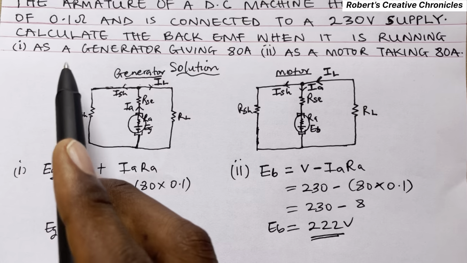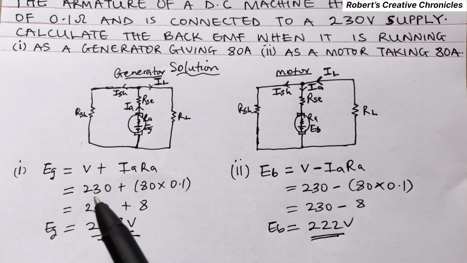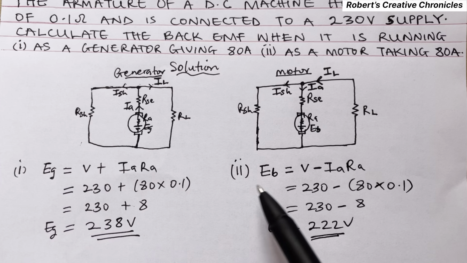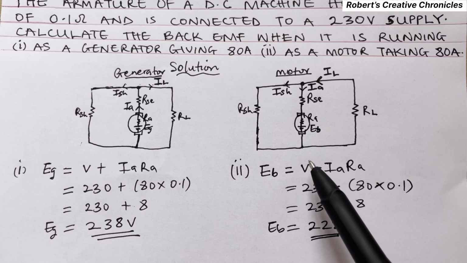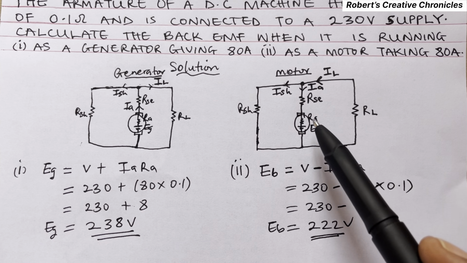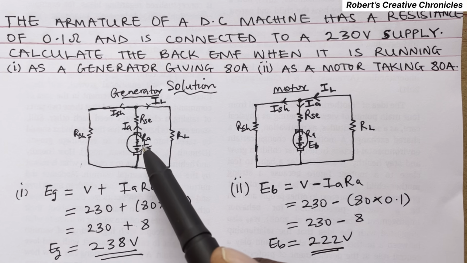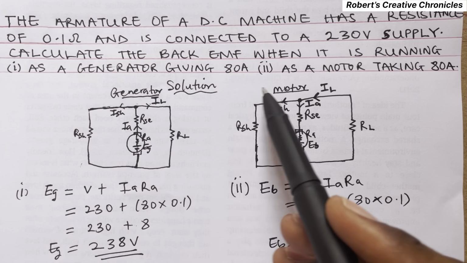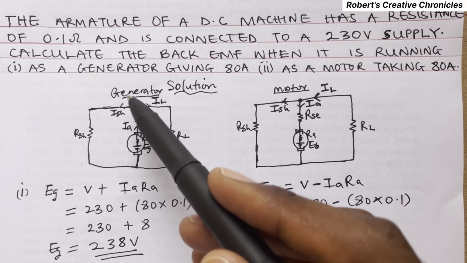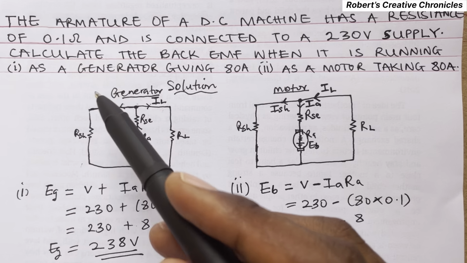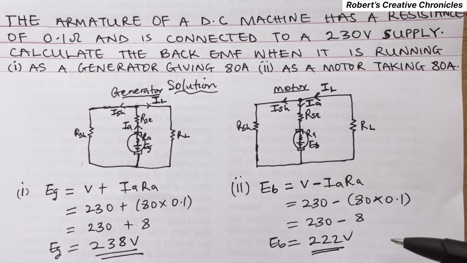So we have successfully solved this question. This is the EMF generated when it is running as a generator giving 80 ampere, and this is the EMF generated when it is running as a motor taking 80 ampere. I want you to note that the two circuits drawn here are not the circuits for this question. They are just examples to show the directions of a generator's current flow and a motor's current flow. This is a long shunt generator and this is a long shunt motor.